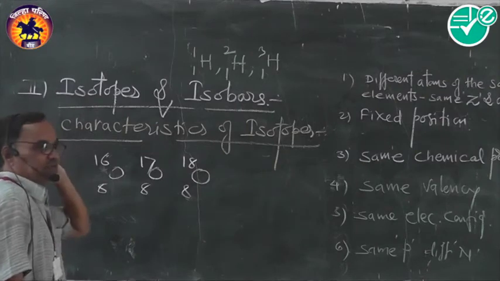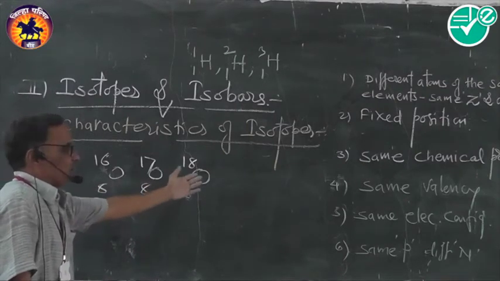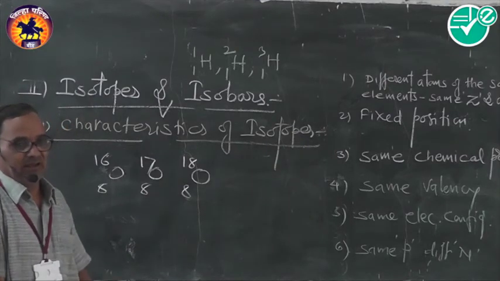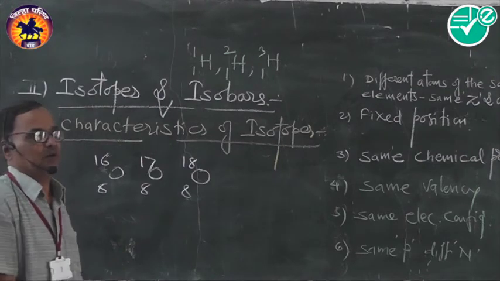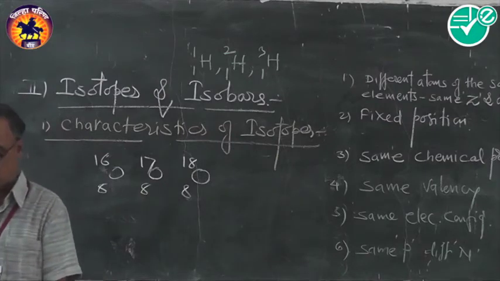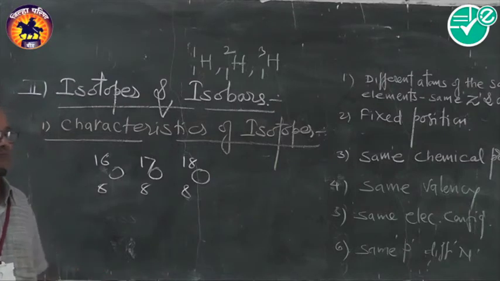These two examples of isotopes explain that oxygen, we know, is the element present at the 8th position in the periodic table. It means oxygen has an atomic number equal to 8, hence it is placed at position 8.